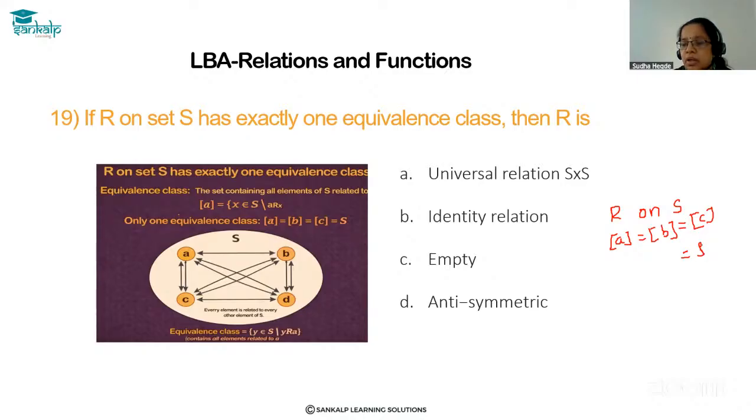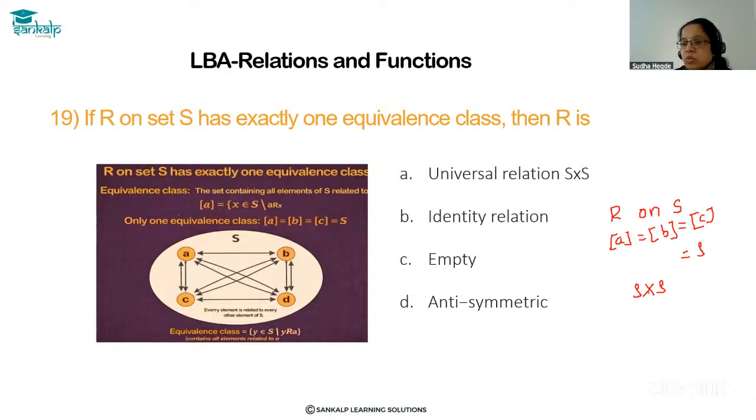It must be equal to S. Then its universal set must be S cross S. So then R should be S cross S. Cartesian product of S with itself.